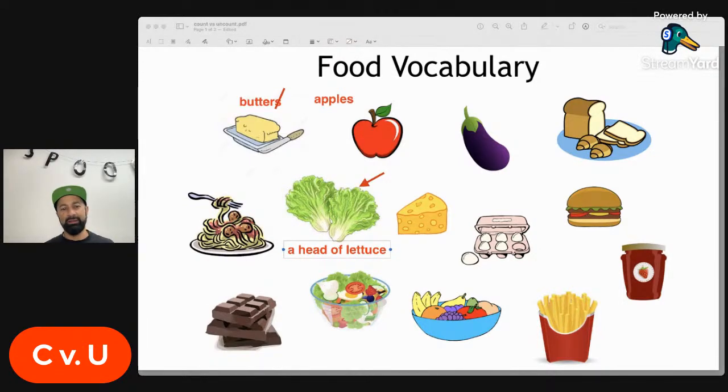Let's go to the middle level. Right? We've got some pasta. We've got lettuce. We've got cheese, eggs, burger. Go to the bottom level now. We've got chocolate. All right. We've got a salad. We've got fruit. We've got fries. And we've got jam. I need you to separate them into countable and uncountable.